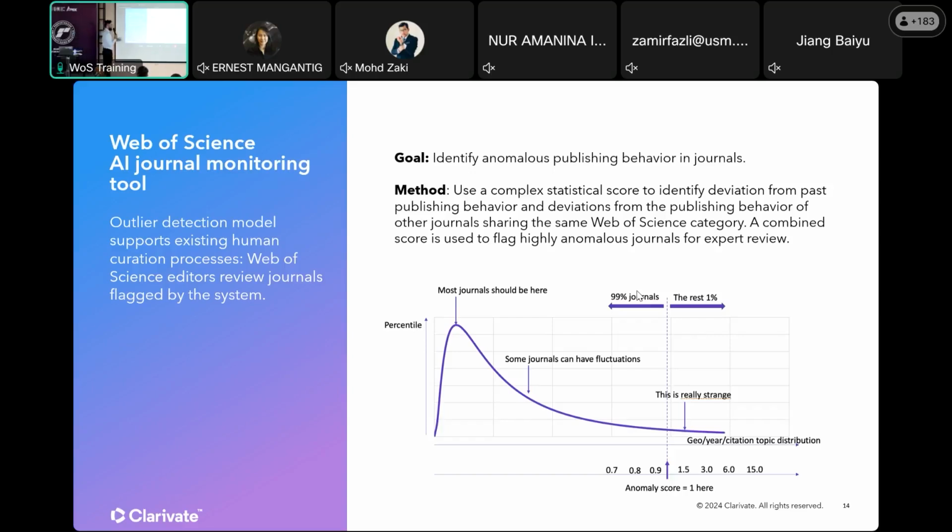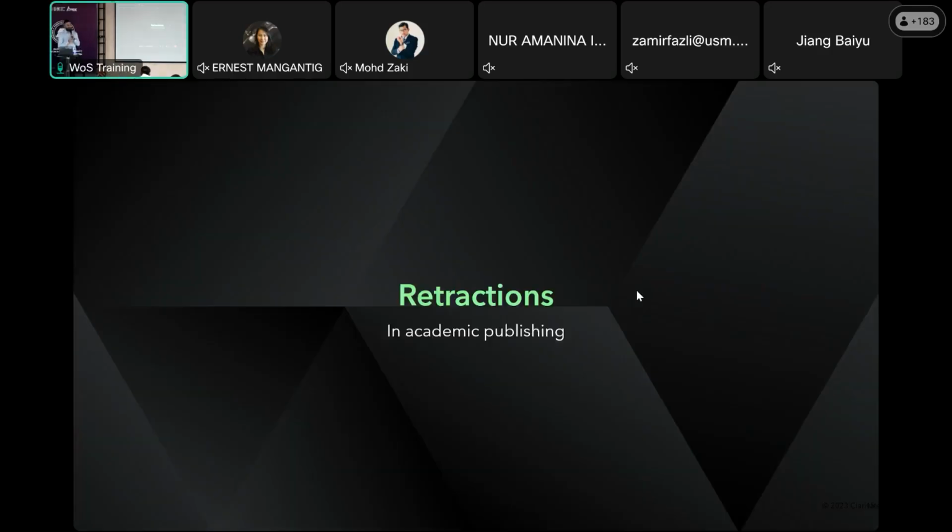In case something really strange is going on in any journal, that's when the live humans from our content department get alerted, and they start reviewing this journal with more precision, reading their content. And if it's confirmed that the journal's quality is going down very quickly, we can take a decision of excluding the journal from the Web of Science core collection altogether. So that's how it happens.